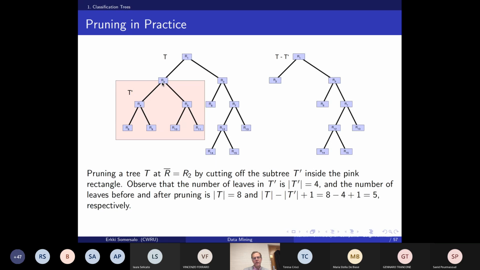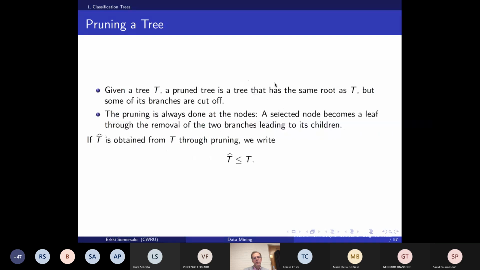And so then I end up with a pruned tree. So on the right you see a pruned tree. It's a pruned version of the original tree. So pruning means that you cut at some node and you eliminate anything that is below. So that's the concept of pruned tree.